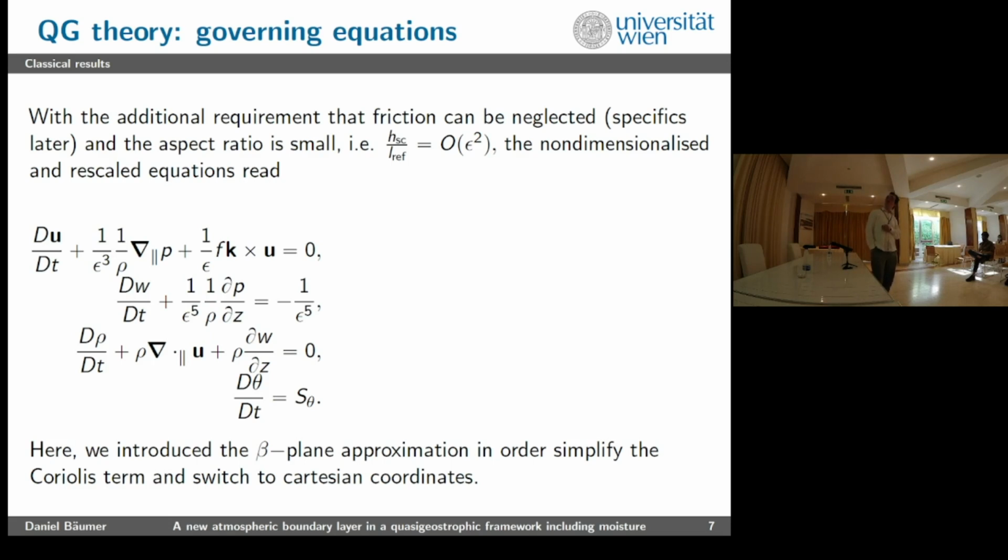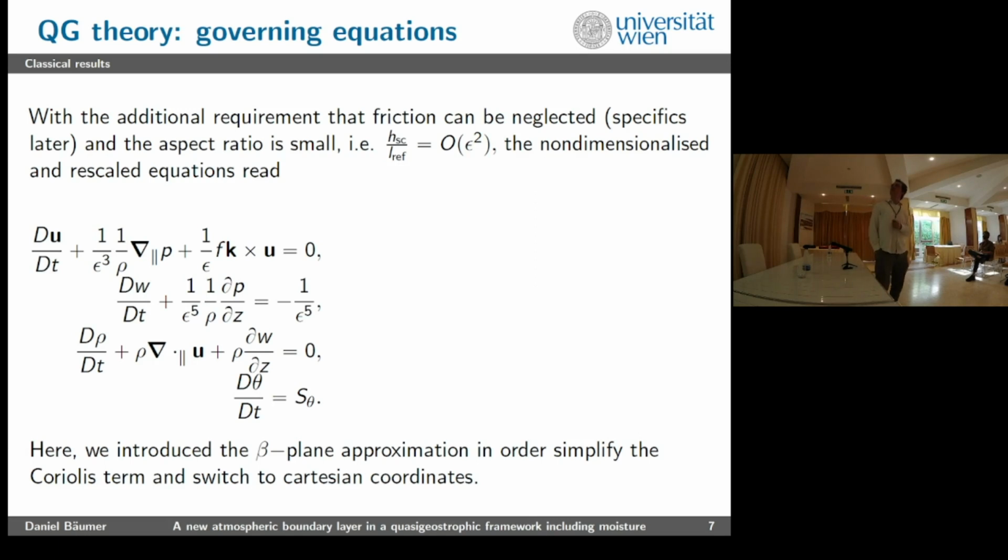And also you will notice that the Earth rotation vector has been replaced by something a little simpler. This is done in the beta plane approximation. So in the beta plane approximation, we replace a coordinate system which is, well, to first order spherical, because it isn't precisely spherical, by a locally Cartesian one around the reference latitude.